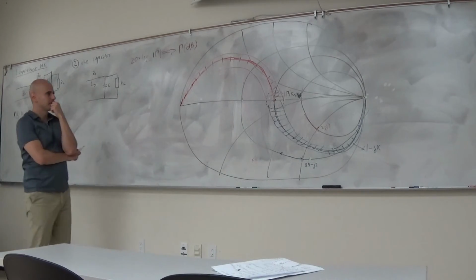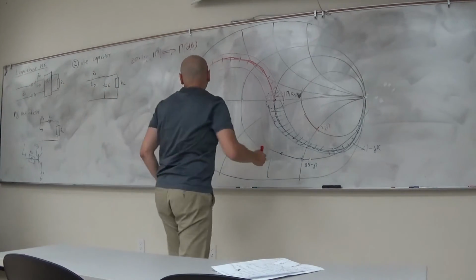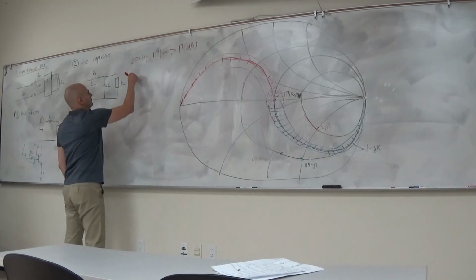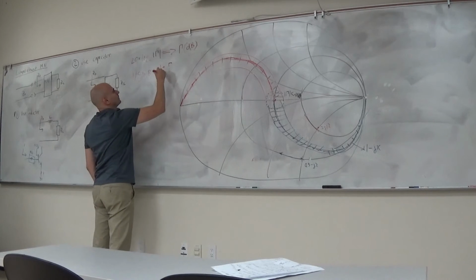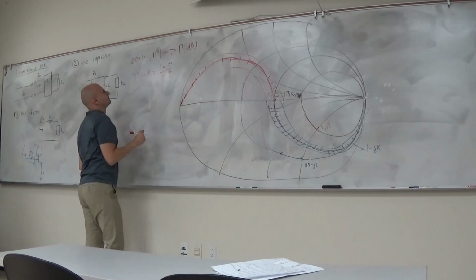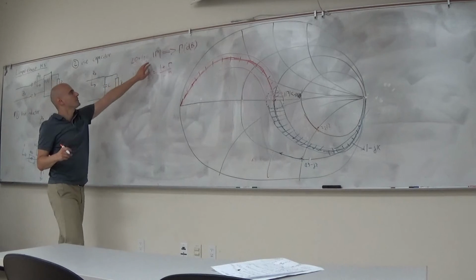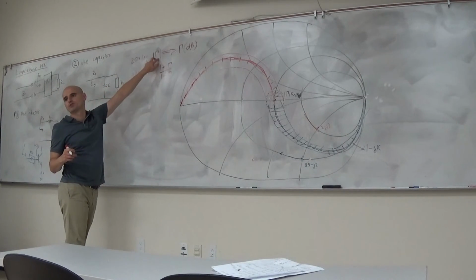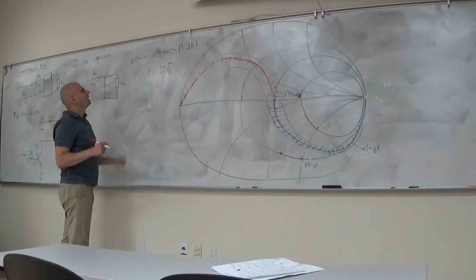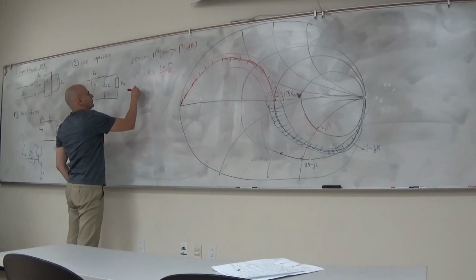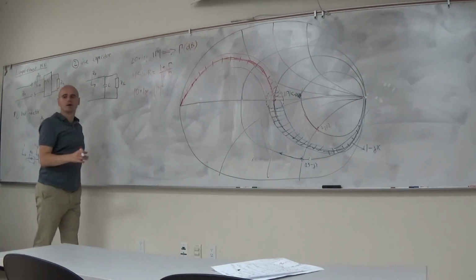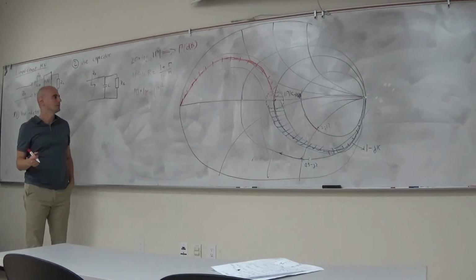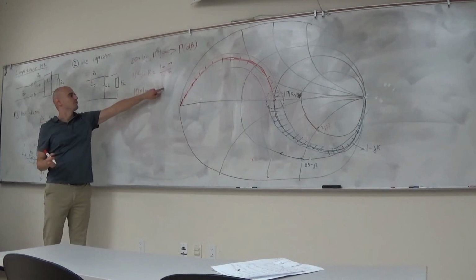And from gamma, I can always calculate VSWR. Now, why is it 20? Because it's a voltage reflection coefficient. You can say 10 times log base 10 of gamma squared, because now this is a power reflection coefficient. And these are the same, right? 2 times 10 is 20.